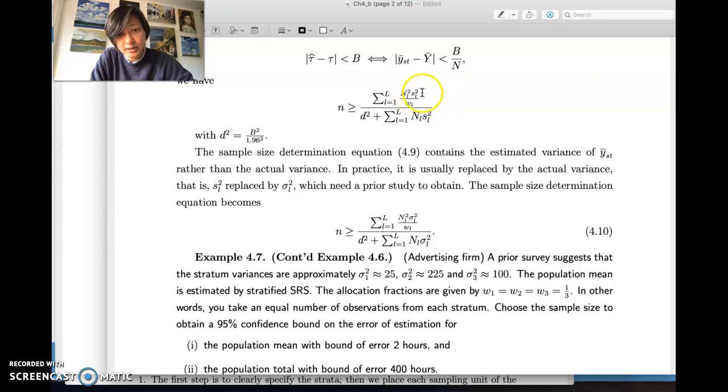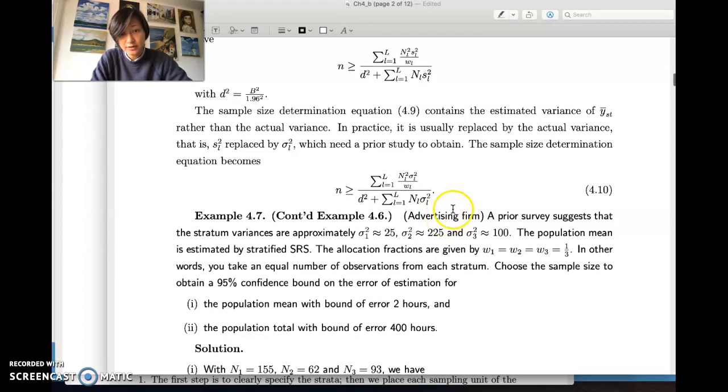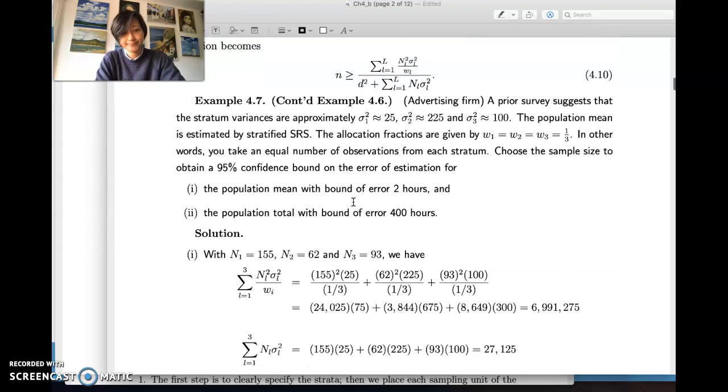If the sample variance is not given or not calculated, we can replace it with the true value of the variance, sigma_l squared. Sigma_l squared could be obtained from a previous survey, historic data, or your estimates. So equation 4.10 is given for the sample size determination for the population total tau. I will stop here and then we continue with the example.